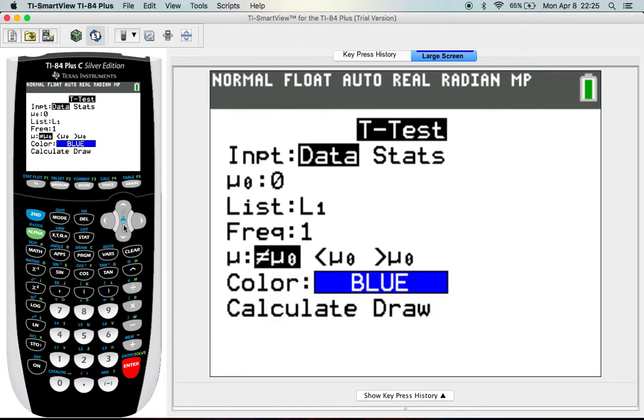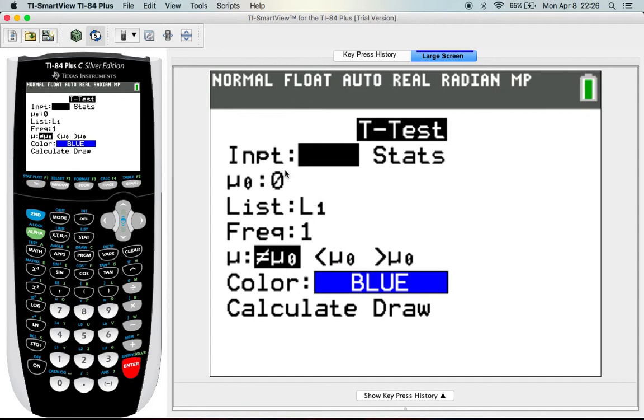And now there are two options here. The first is if I give you a set of raw data, you can enter that data into a list and the calculator will calculate the sample mean and standard deviation for you, and then calculate the value of the test statistic and the probability.